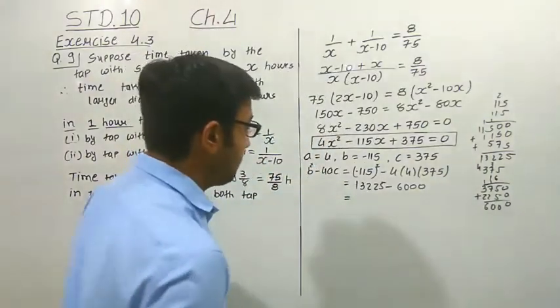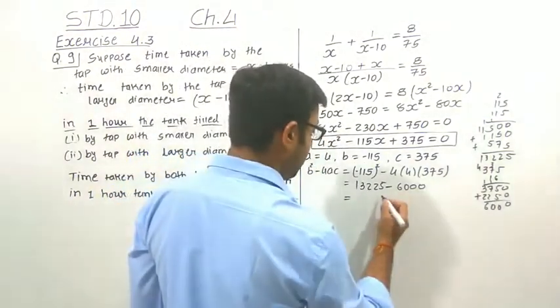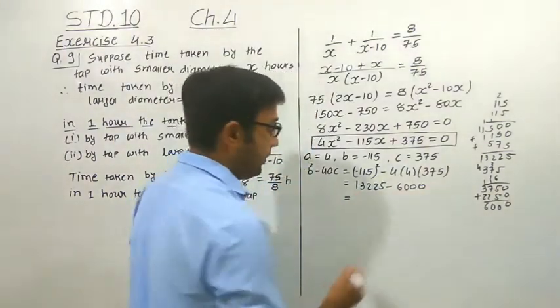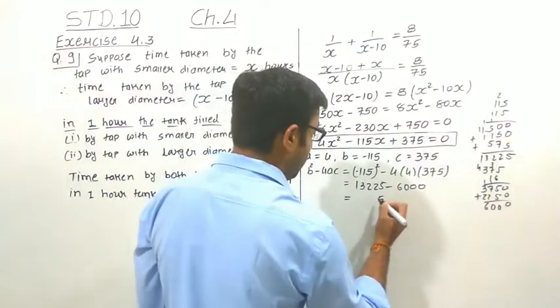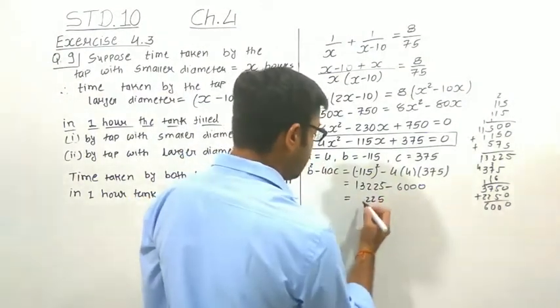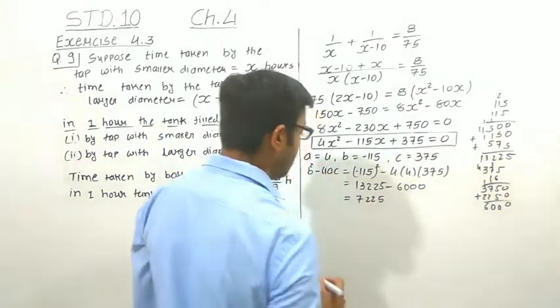Now if we subtract this, we get 13,225 minus 6,000, that is 7,225.